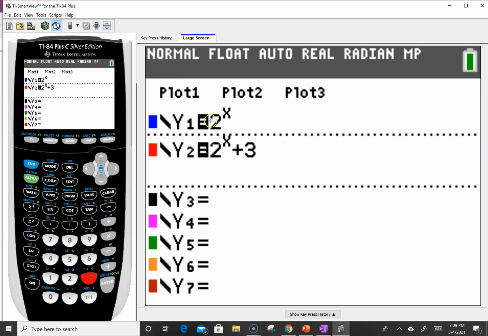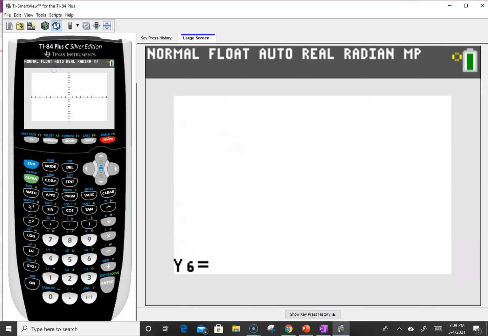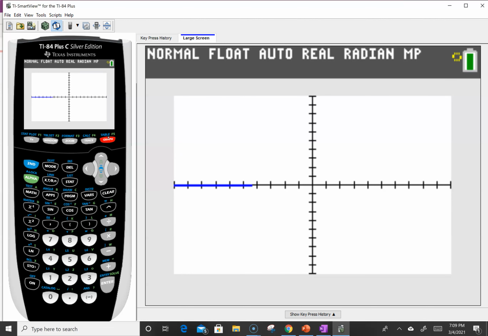Okay, so the first graph is the original. The second one gets moved 3 units. Well, let's figure out which way it gets moved. So there's the original, and here's the new one. Now pay attention to the y-intercept, because that's going to help us figure this out.